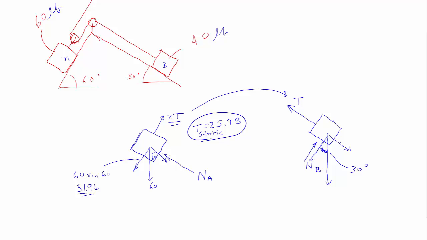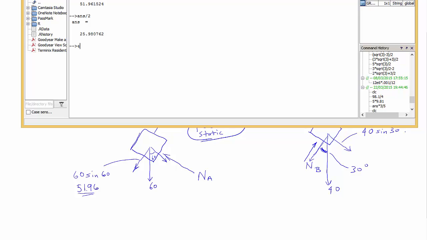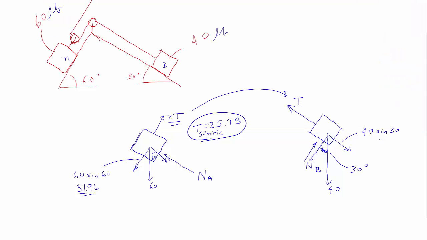So therefore, this value becomes 40 pounds times the sine of 30 degrees, which should become just 20.